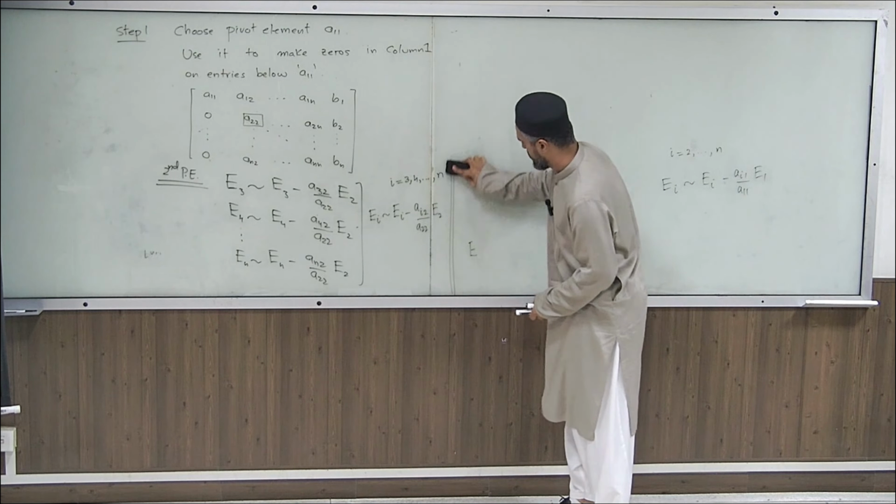This is the observation I have, so let me write it over here: i from 3 to n, Ei minus Ai2/A22 E2. So this is the observation with the second pivot element.